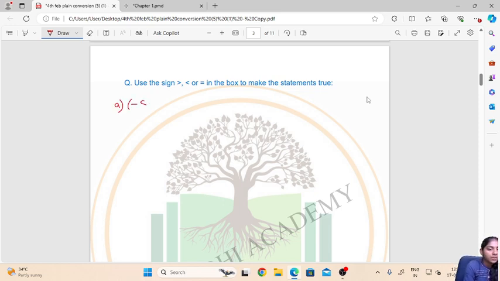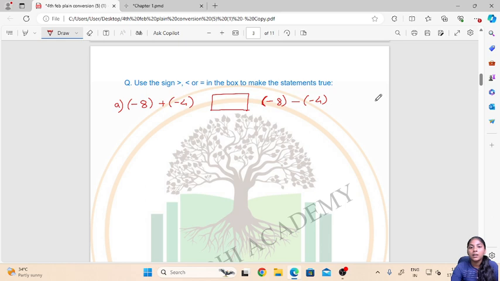We have -8 + (-4) and -8 - (-4). So in these we have to solve these and then assign the signs greater than, less than or equal to in the box to make this statement correct. So let us try the first one.